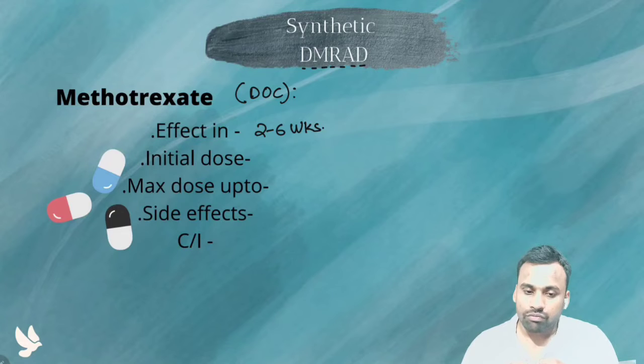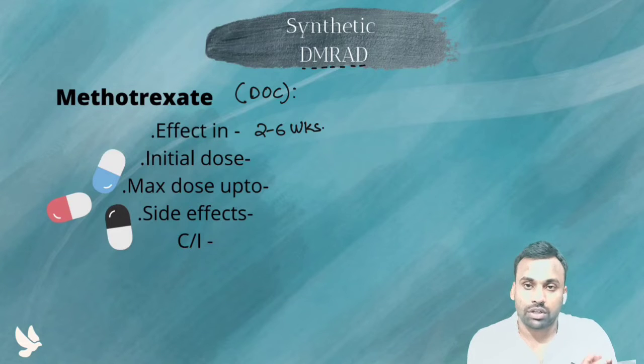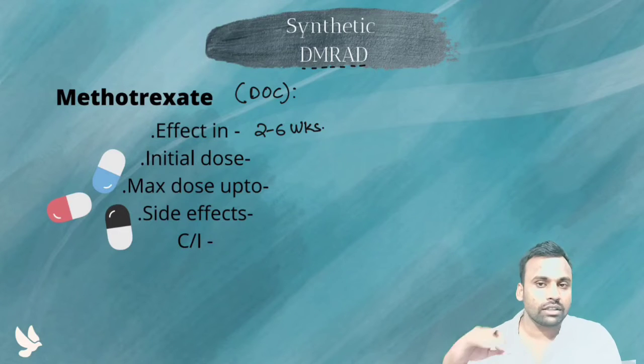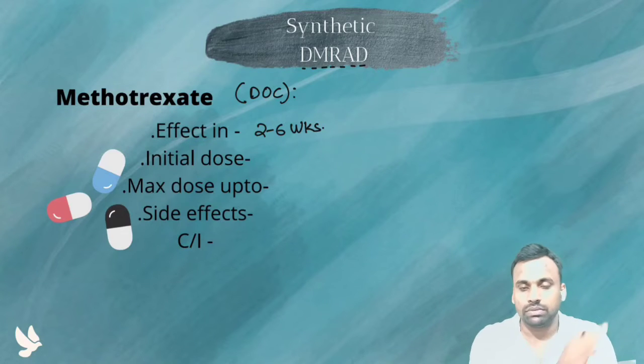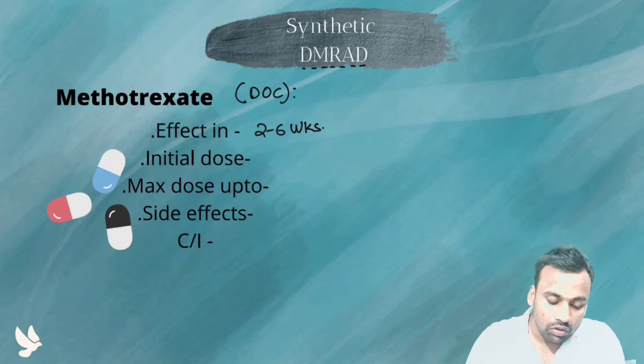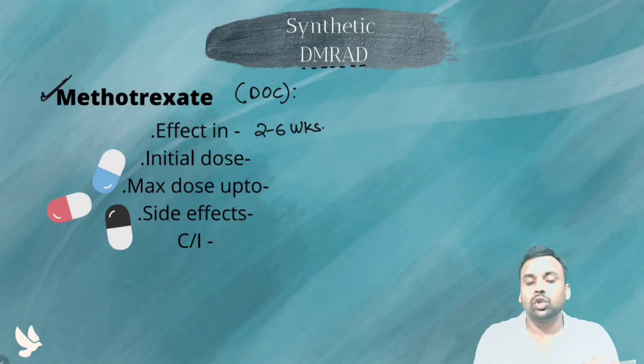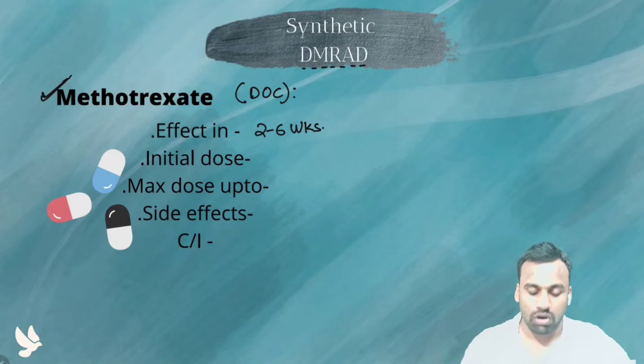That's why, when starting methotrexate, we can also give a corticosteroid along with it for some time. Then, once the effect of methotrexate comes, we will stop the corticosteroid in a tapering form, and continue with methotrexate.